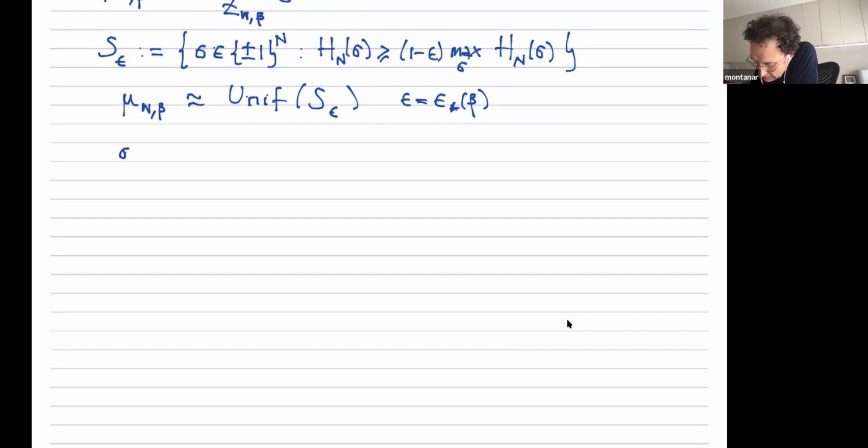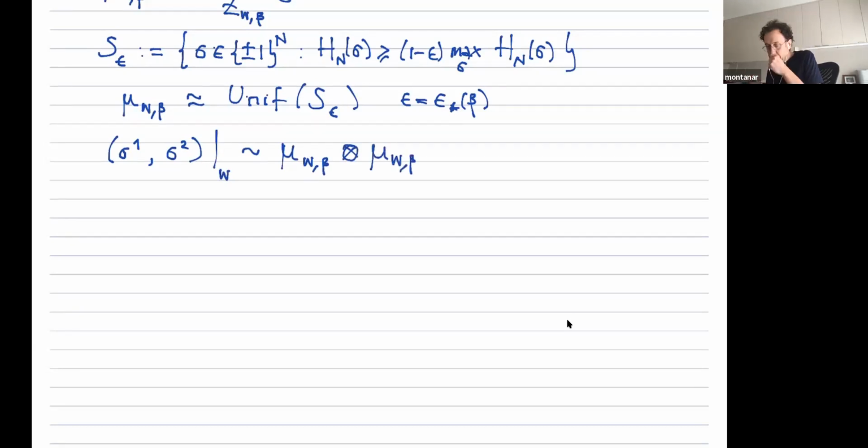And now how do we probe the structure of this? There is this idea that again comes from physics: the way to probe the structure of near optima is that you take two configurations, sigma 1, sigma 2, that conditional on W are independent draws from the Gibbs measure. Why is this a good idea?